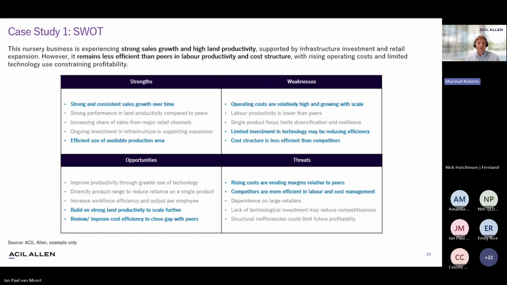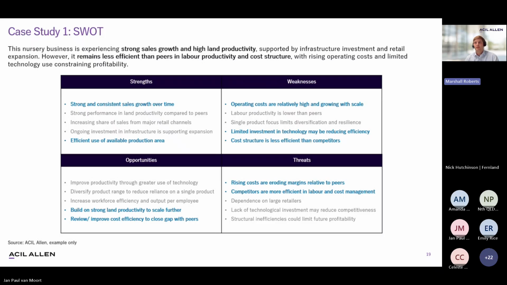So in terms of strengths for this business, we see obviously strong and consistent sales growth is a great sign. They're using their production area and land very efficiently with a high output per hectare. So this may enable them to expand.